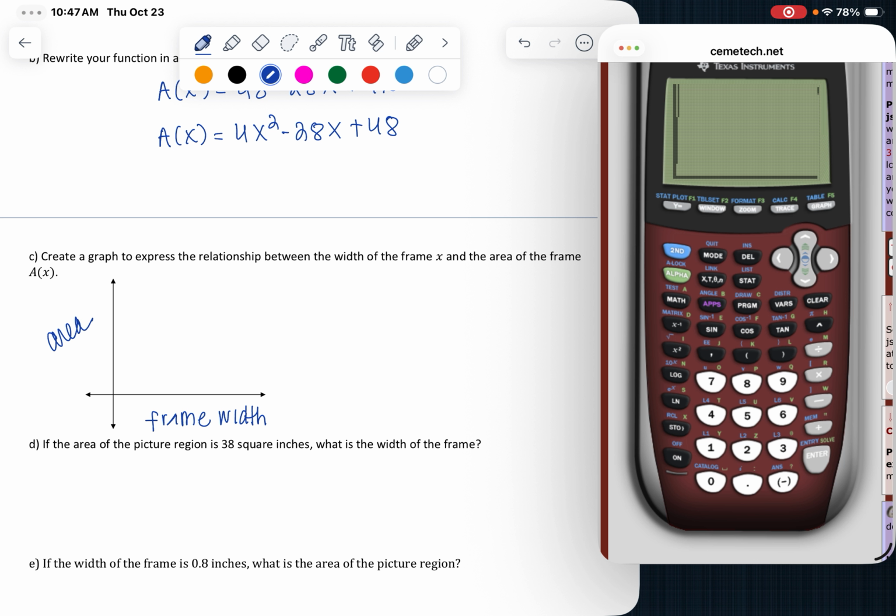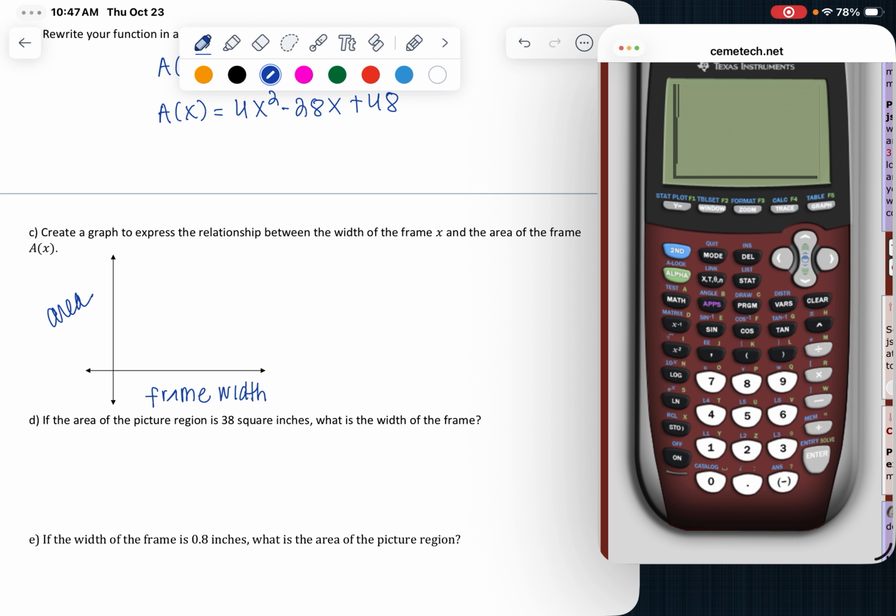So, oh, it looks icky, right? My x values are going way too far, okay? So I am going to make my window a lot smaller here. I'm going to do my x max, I'll do like 5 and see if it gets better.